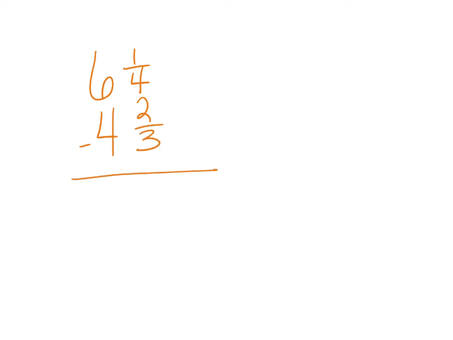First of all, I do not have a common denominator, and I am subtracting. 3 and 4 are not factors of each other. So all you have to do is take this denominator and multiply the top fraction by that denominator. Take the top denominator and multiply the bottom fraction by that. Okay?